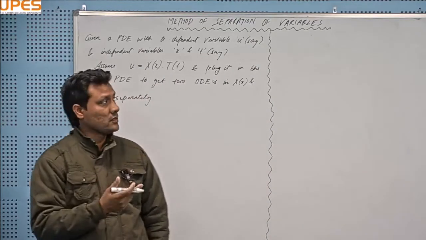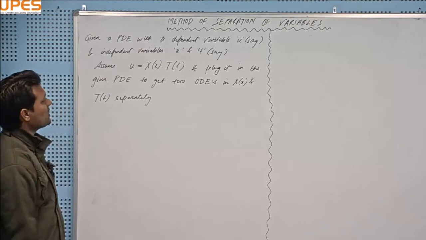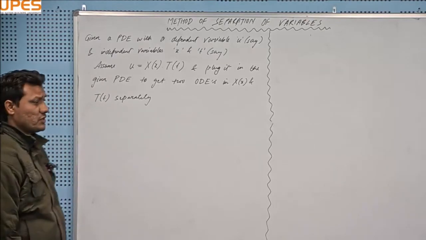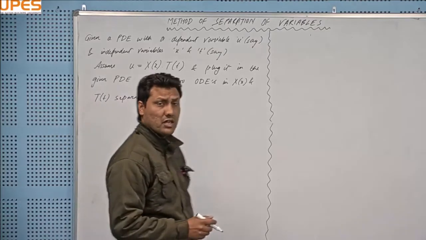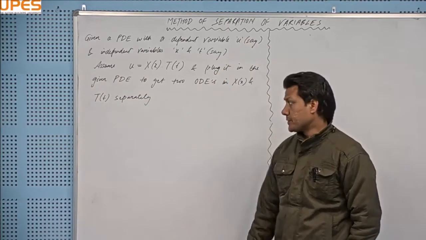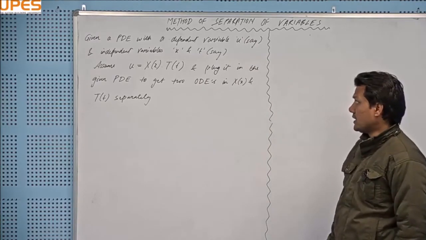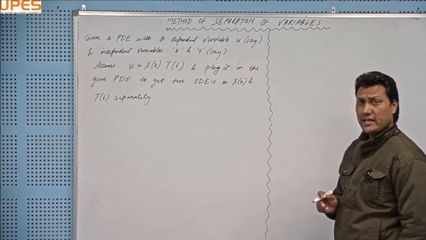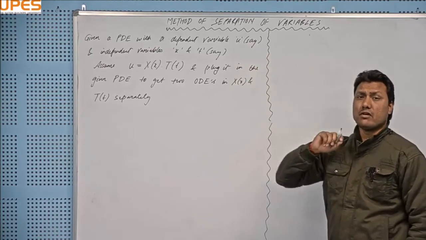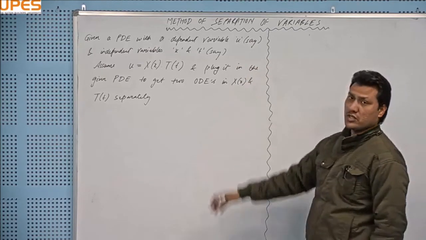We will be seeing this in our next video when we solve the heat equation and wave equation, where this domain will come into play. So in this video you can think like that: the PDE should be linear and it should have constant coefficients, then this method always works.